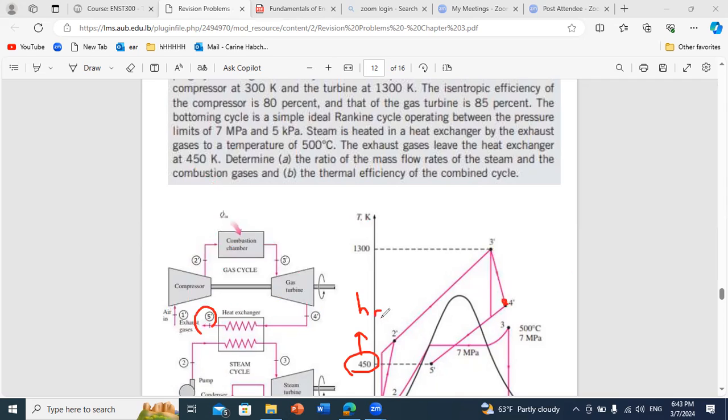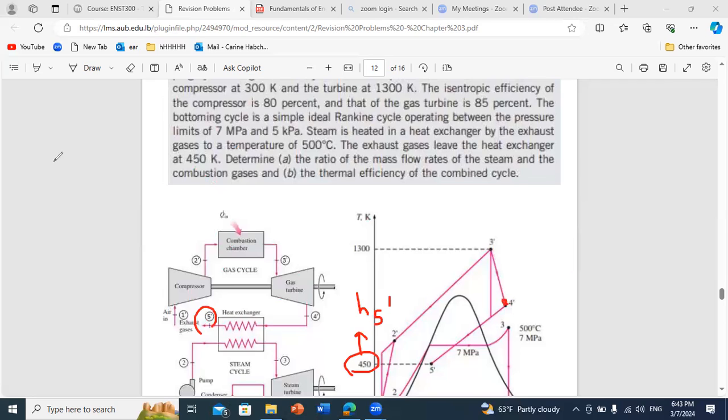And then we are done with the analysis of the different points of the Brayton cycle. And concerning the Rankine, you are familiar with how to get the different points, H1, H2, H3, H4. It's always the same procedure. Now I am ready to answer all the questions that they want me to go over.